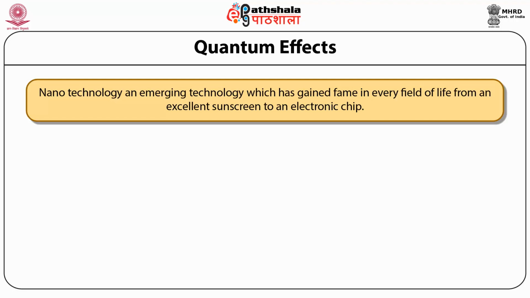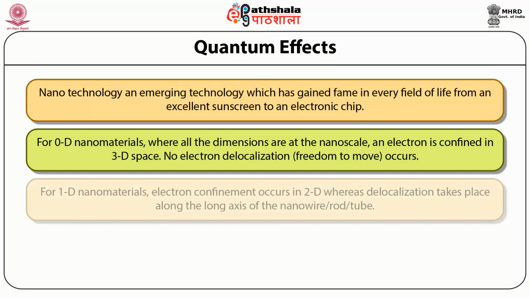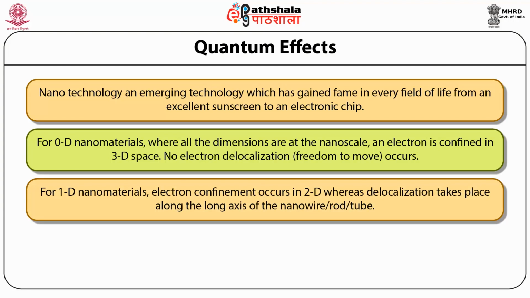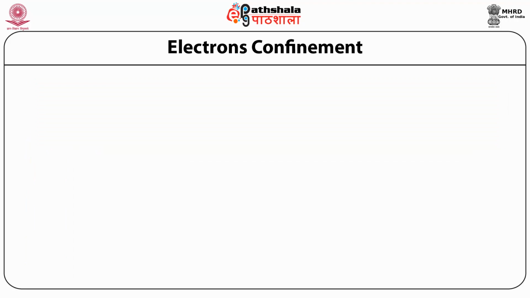Since the band gap and wavelength are inversely related to each other, the wavelength decreases with decrease in the size, and the proof is the emission of blue radiation. For 0D nanostructure, all the three directions are quantum mechanically confined. In 1D, two directions suffer quantum confinement, and for 2D nanostructure, one direction is quantum confined.